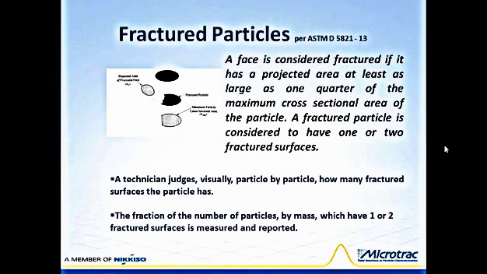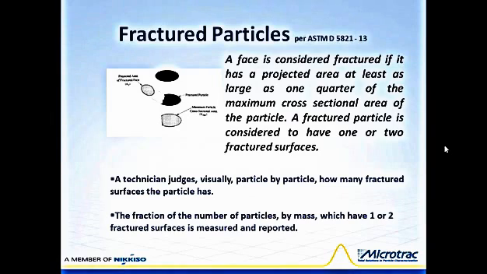Fractured particles per ASTM 5821. A face is considered fractured if it has a projected area at least as large as 1/4 of the maximum cross-sectional area of the particle. A fractured particle is considered to have 1 or 2 fractured surfaces.